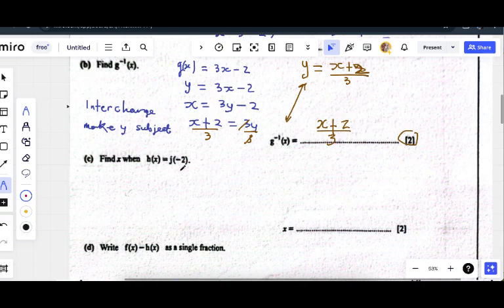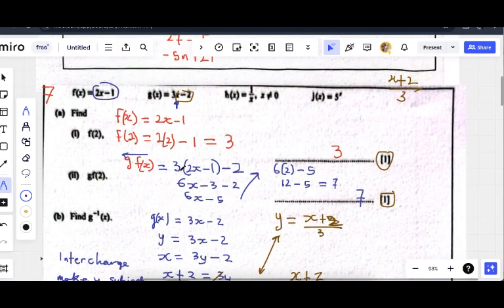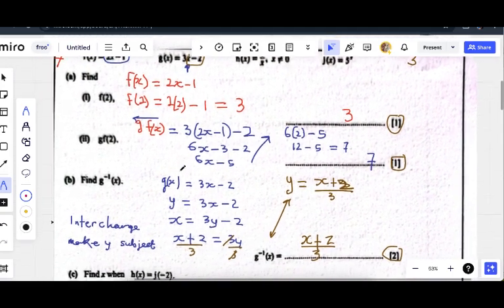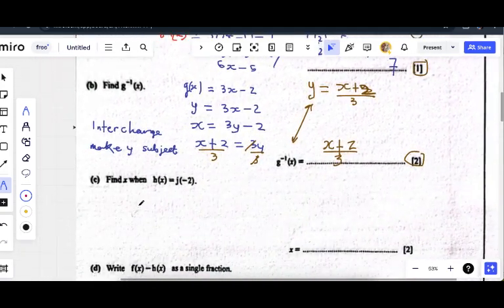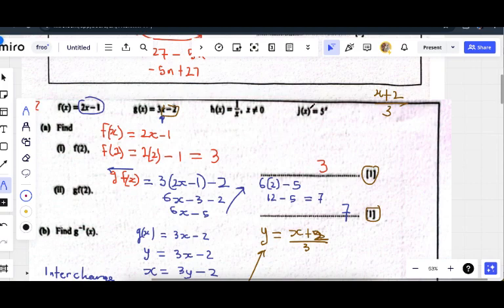First of all, let's write the h of x out. h of x is 1 over x. So h of x is 1 over x, when it is equal to j of negative 2. What's the j function? j of x is 5 raised to power x.